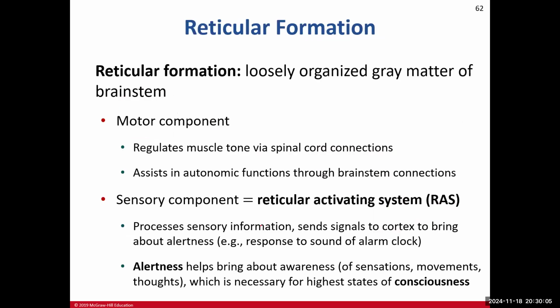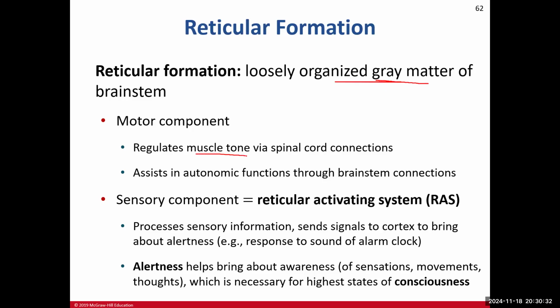All right, reticular formation. I talked about this when we were going over the brainstem, the midbrain and the pons and whatnot. First of all, the reticular formation is gray matter, and it has two parts, a sensory part and a motor part. The motor part has to do with muscle tone.